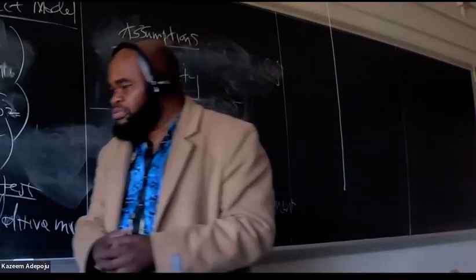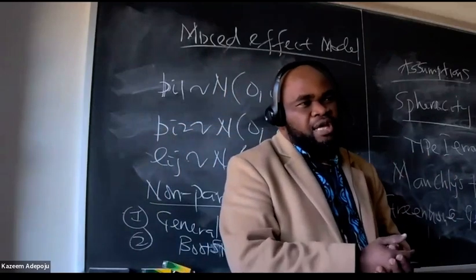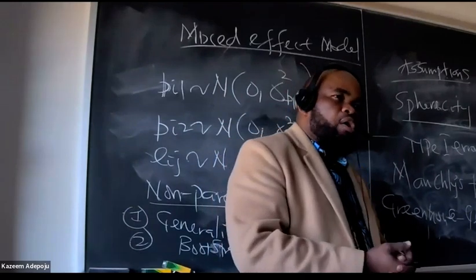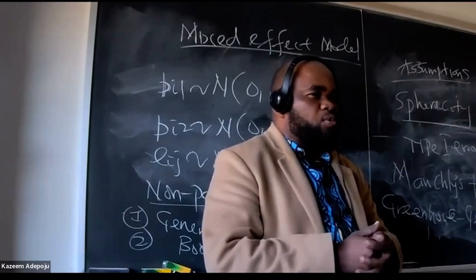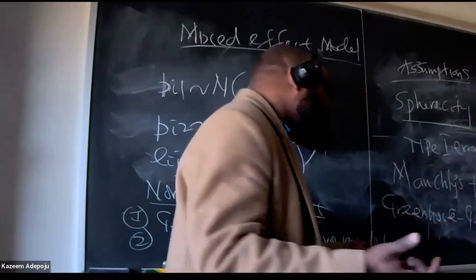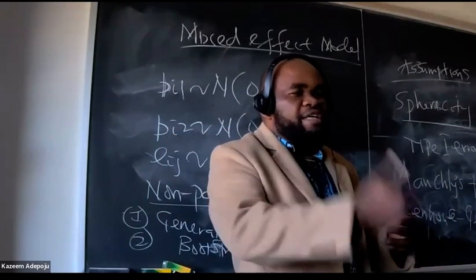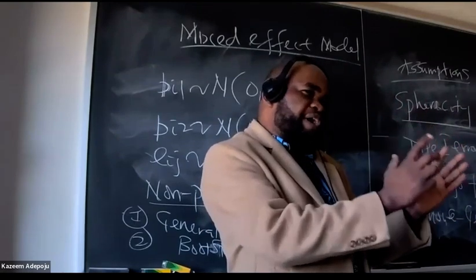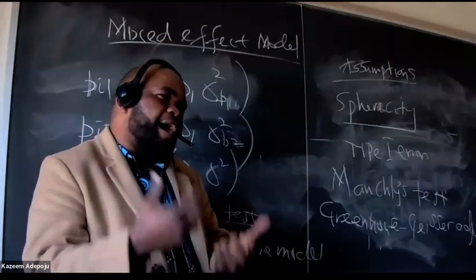But how am I going to know whether the two random effects are correlated? Of course, I gave you a test the other time to decide between uncorrelated and correlated. But do you know the one where we're not going to have any issue? Uncorrelated. When you are testing uncorrelated against correlated, in the null hypothesis the two effects are uncorrelated, and in the alternative the two effects are correlated.